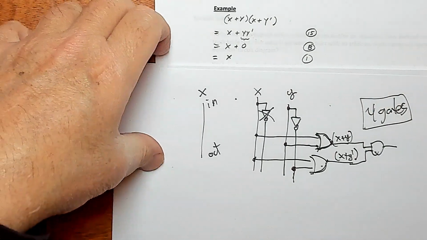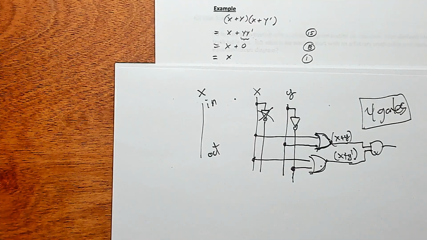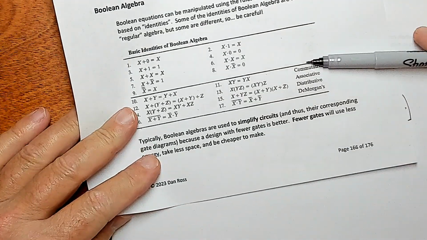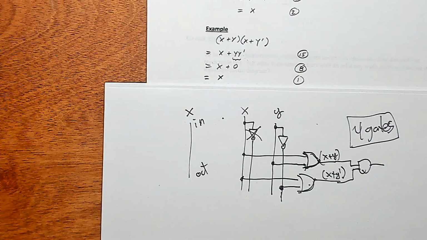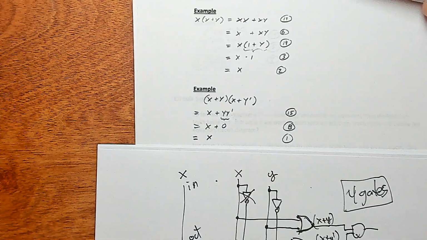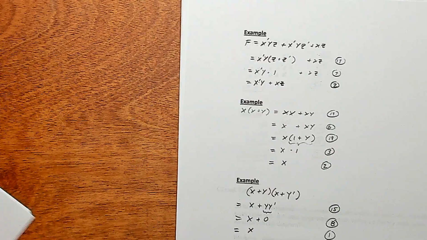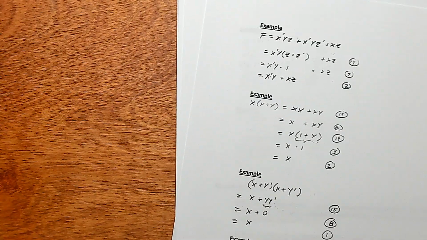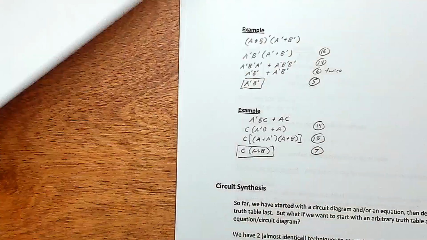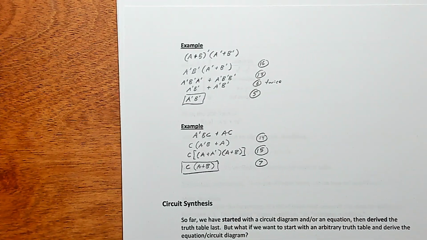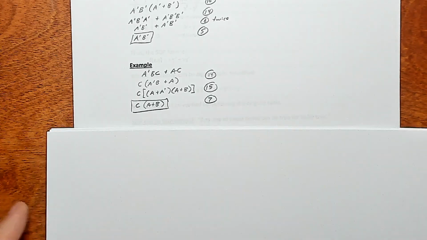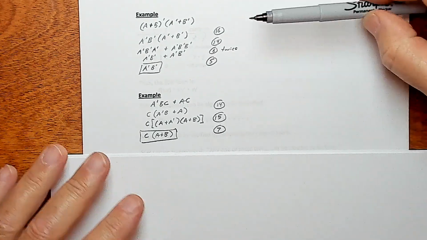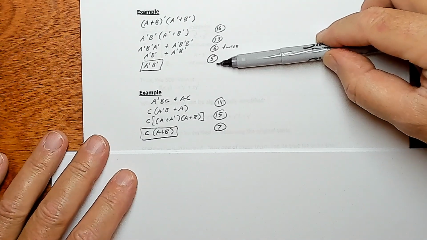All right, so Boolean identities, they're a lot of fun. In this particular unit, what we're mostly concerned with is using them to simplify big equations into smaller equations. On the next page of my notes here, there's a couple more of these that I'm not gonna go through applying the identities.